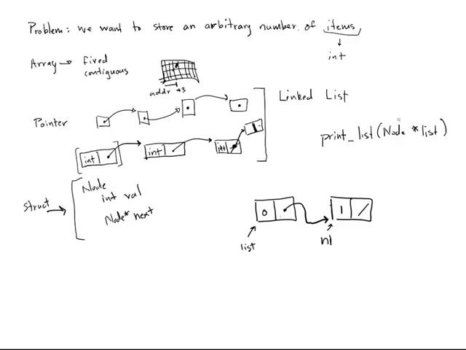Now, in the previous video, I just had us pass in a plain old node. And while that works, and it would work in this case as well, it is inefficient. The reason it's inefficient is because of the way functions get their data passed into them.